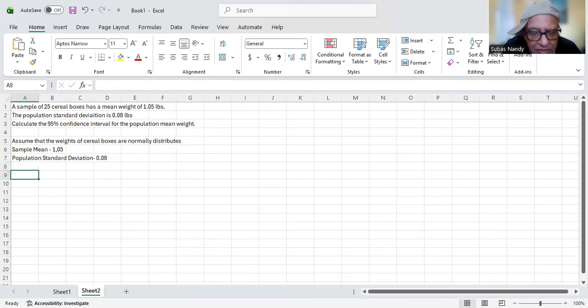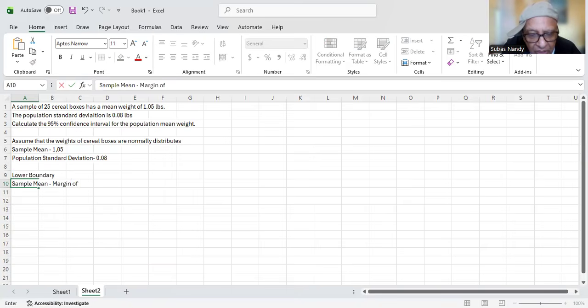So that formula is: the lower boundary of the confidence interval is sample mean minus the margin of error, and the upper boundary is sample mean plus the margin of error. So the question is, what is the margin of error?